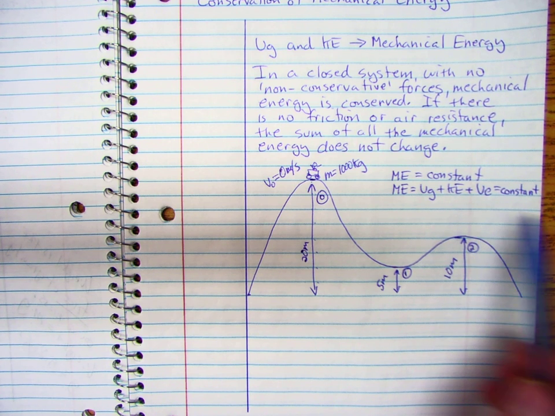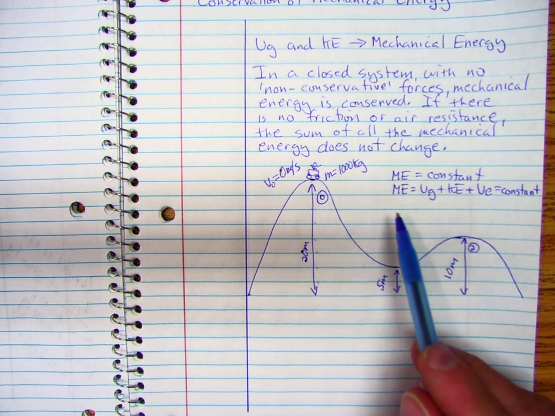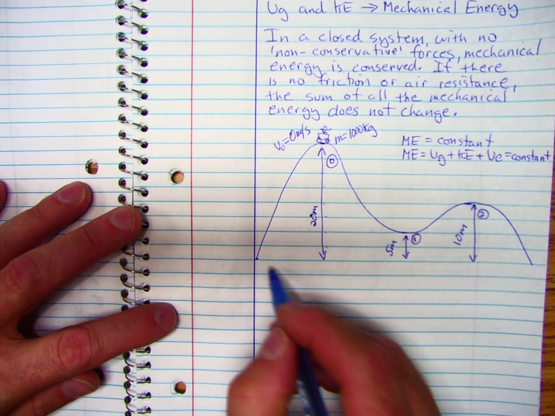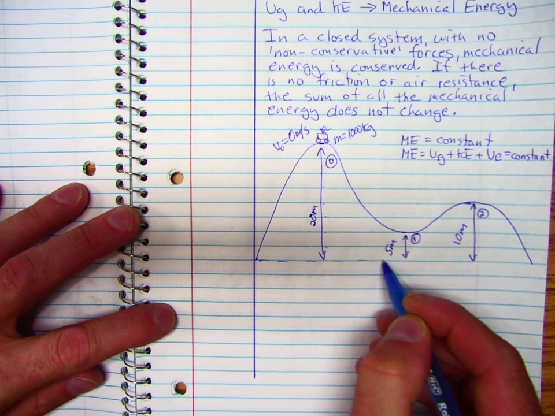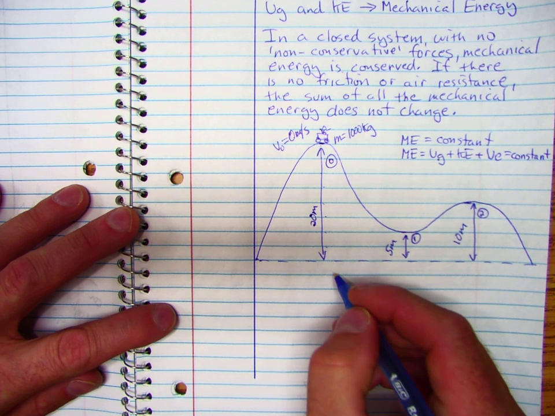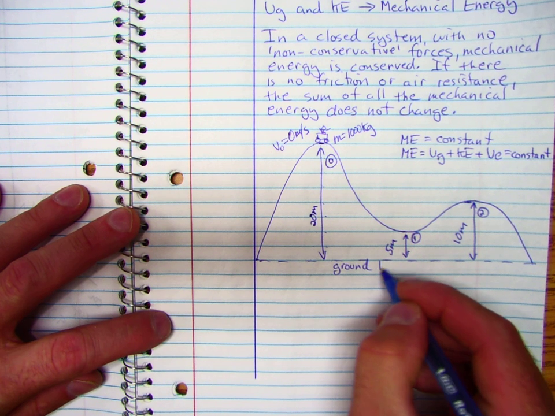So the sum of all three of these anywhere on this roller coaster is equal to the sum anywhere else on this roller coaster. Now, gravitational potential is a relative energy, and so we're going to say the ground is 0 gravitational potential.